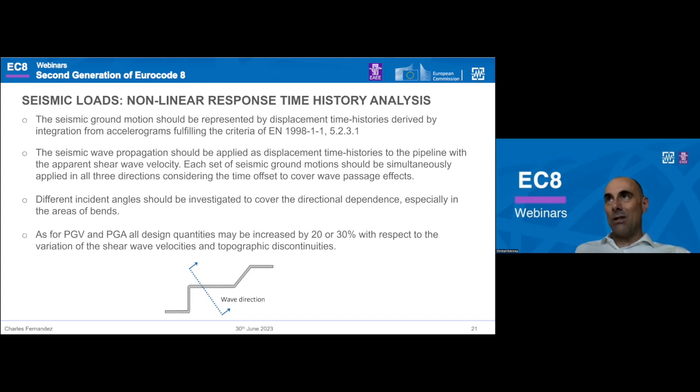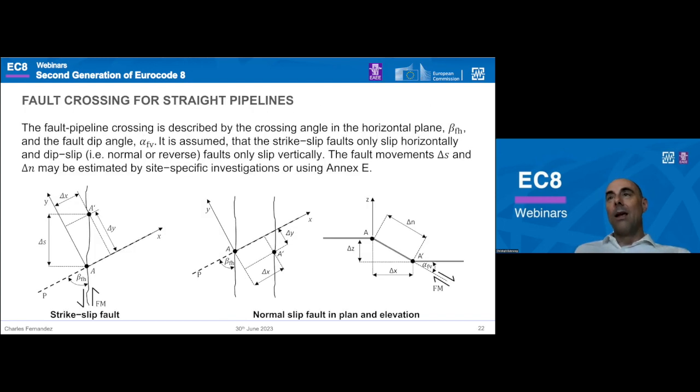I think time history analysis is complicated enough. So if we have some discontinuities, we can increase it by 30%. Again, this is close to the approaches that were already developed nicely by the PT responsible for the bridges. So this is more or less what we can use for wave propagation.